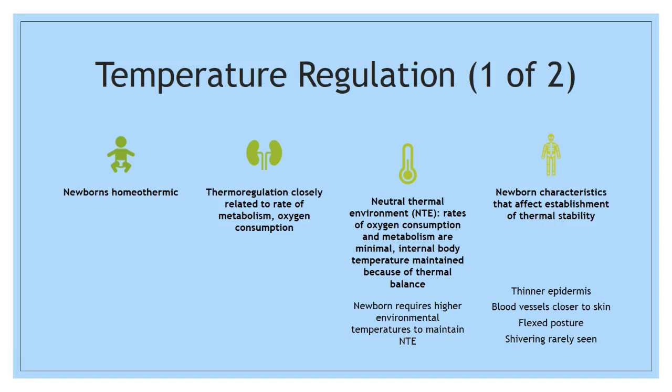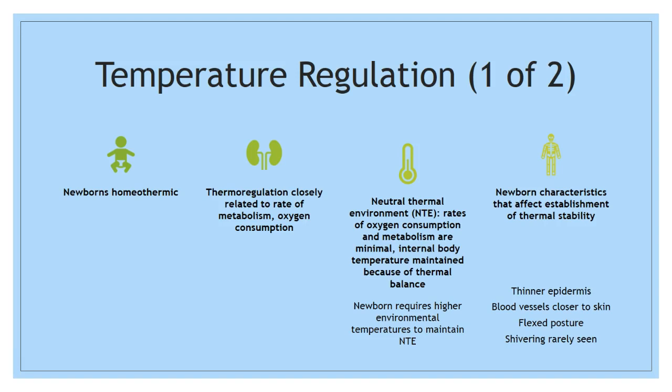So they can control their internal body temperature at the lowest rate of oxygen consumption and metabolism possible for their body. Newborns require higher environmental temperatures to maintain a neutral thermal environment. So it's a very individualized thing when we talk about neutral thermal environments.